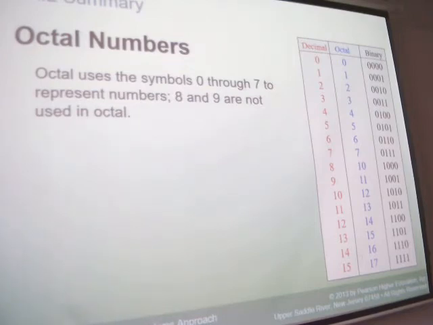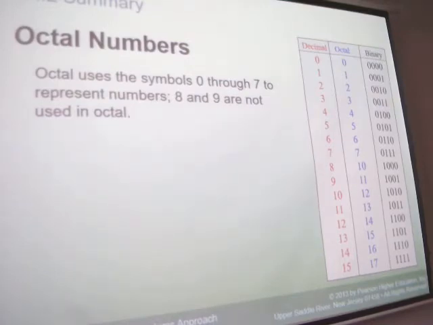Because the column weight of octal number is powers of 8. So we can see that if the number is an octal number, then the weight of this position is 8 to the 0.